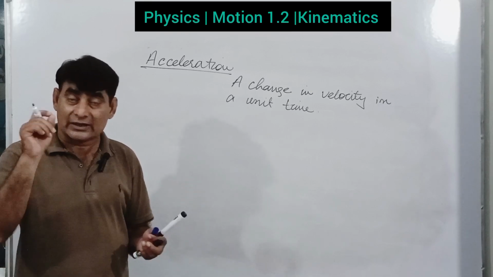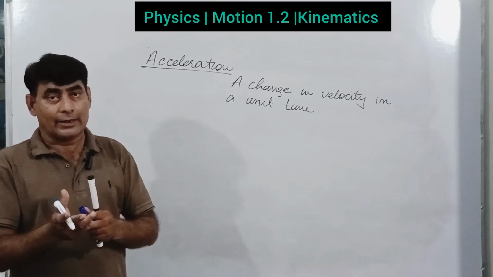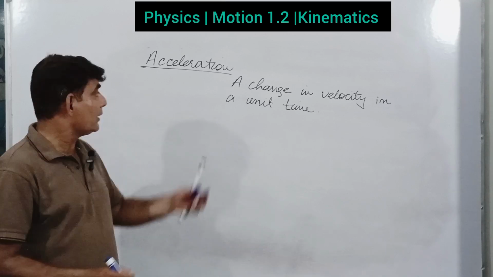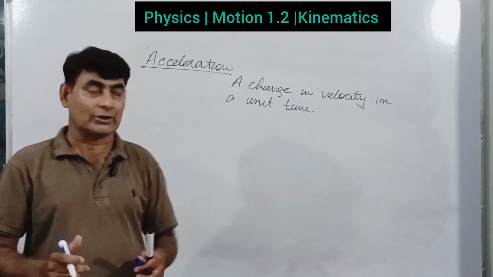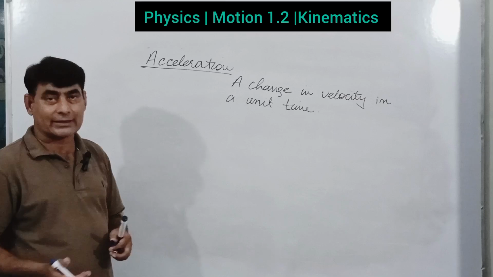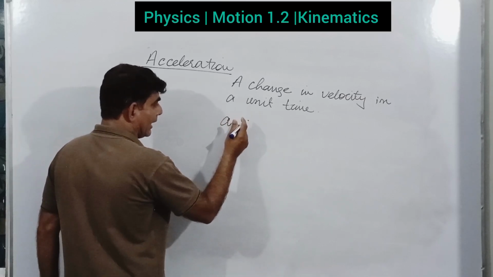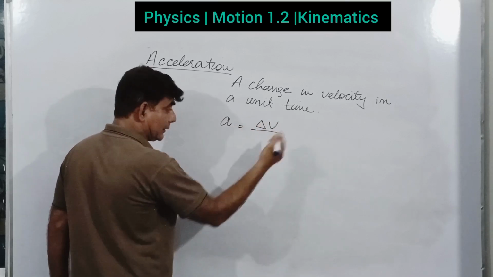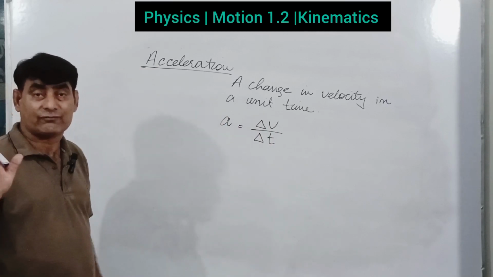So when the difference in velocity is divided by the time taken, or the interval of time, this is called acceleration. So it is the rate of change of velocity. So we can write down: acceleration is equal to the change in velocity in an interval of time.